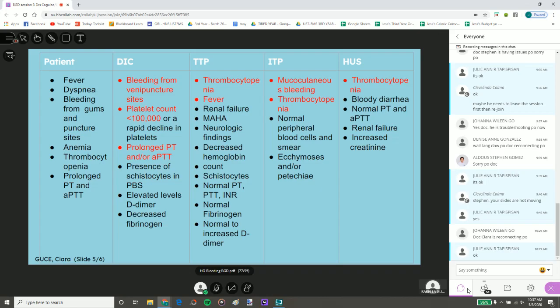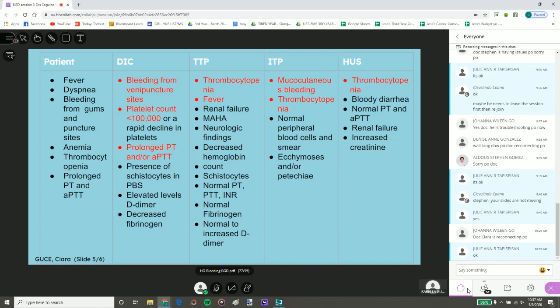So for possible causes of thrombocytopenia, we have differential diagnoses of DIC, TTP, ITP, and hemolytic uremic syndrome. As I have mentioned, we have thrombocytopenia across all these diseases.